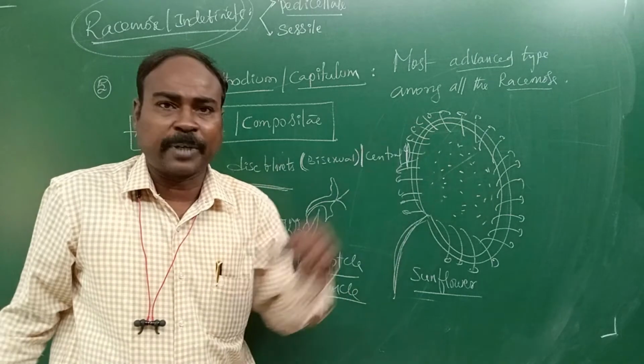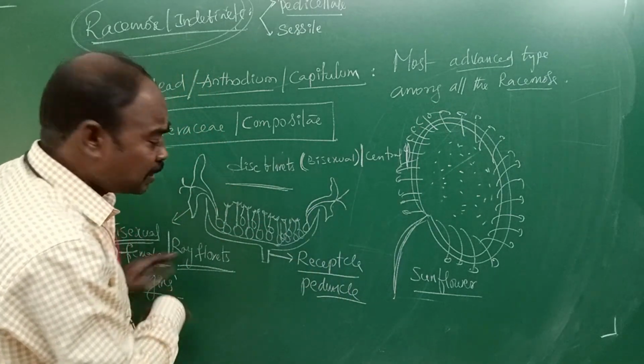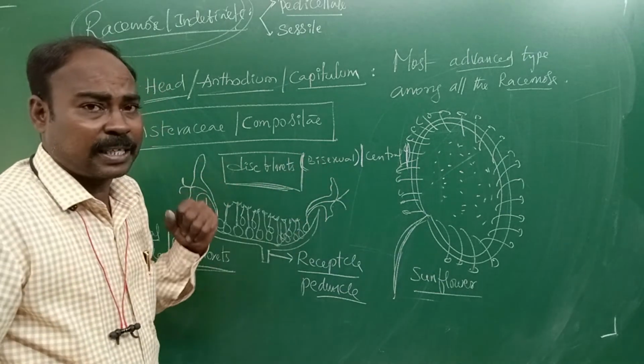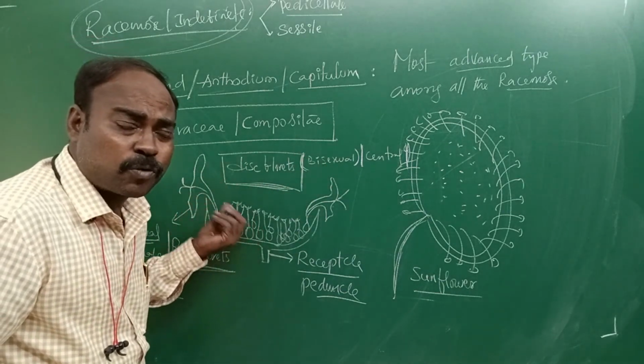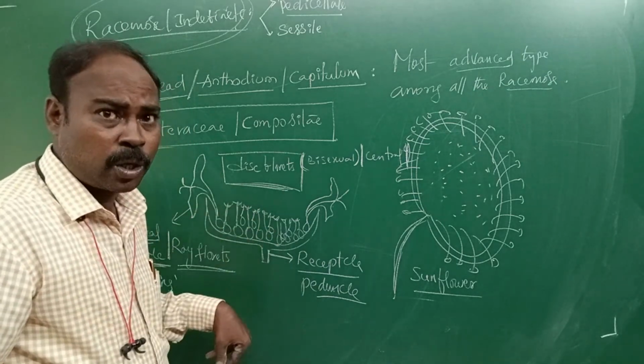The margins have unisexual female flowers and the center has bisexual disc flowers. Because of their small, sessile flowers, they are called florets.